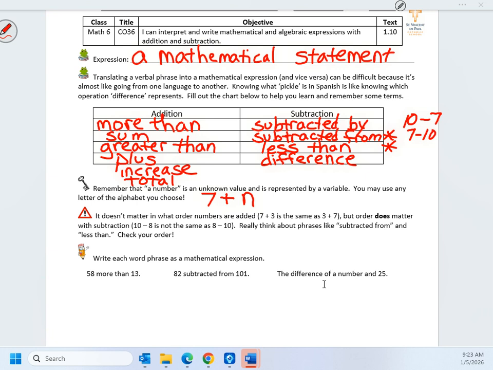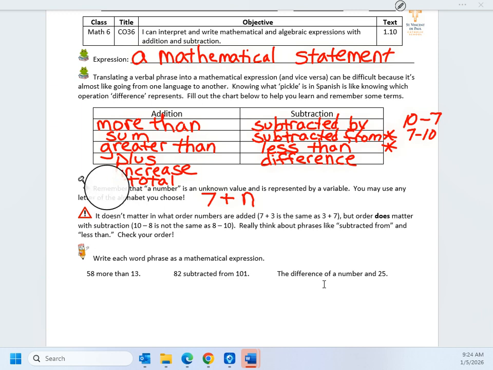The order matters when we subtract. So that's why I starred these, so we know we have to flip the order with those two verbal phrases. Really think about phrases like subtracted from and less than, and check your order. Okay? So have those two starred, circled, marked off so you know those are the two you have to flip.